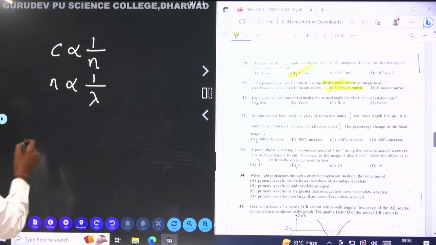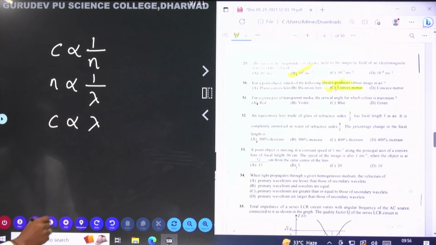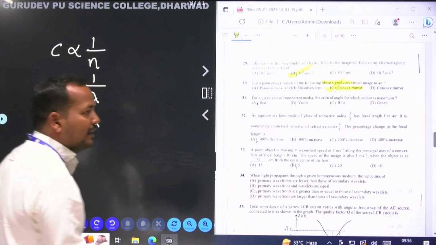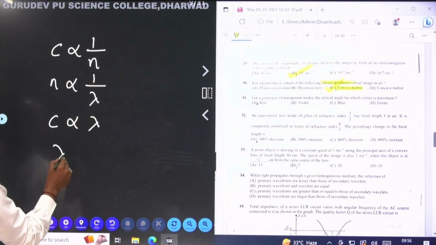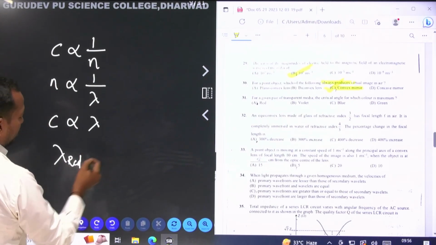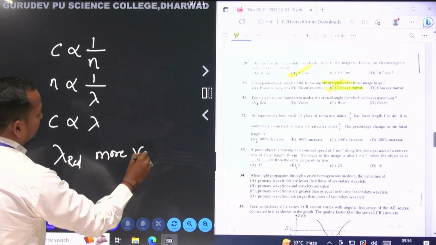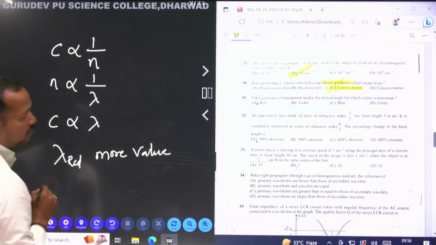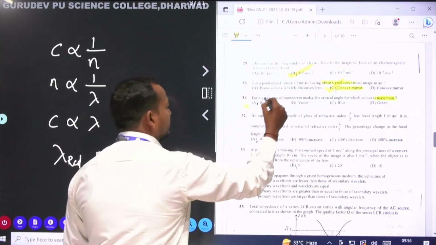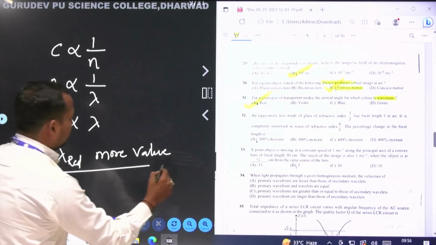Therefore, we can say that critical angle is directly proportional to wavelength. Out of red, violet, blue and green, red has the maximum wavelength. So lambda for red has a greater value of wavelength. Therefore, critical angle will be maximum, because they are asking which color is maximum. Therefore, the color is red. I hope you understand, guys. So the answer is red.